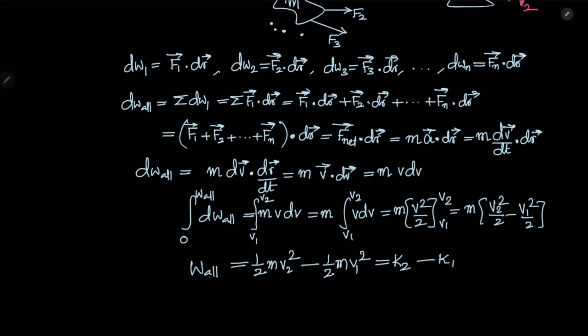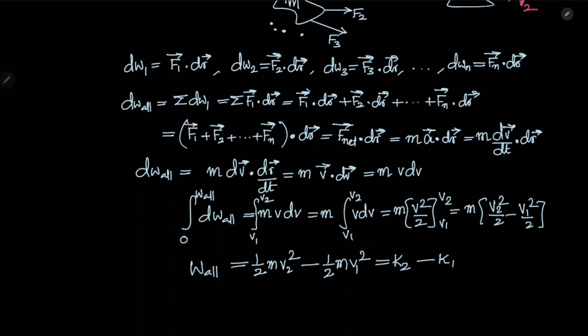This expression half mv2 square is telling us that this is a form of energy. So all the work done by external forces has given some amount of energy to the system. So if external forces are doing work on the system, it will either gain energy from the environment, or the system can lose energy to the environment.